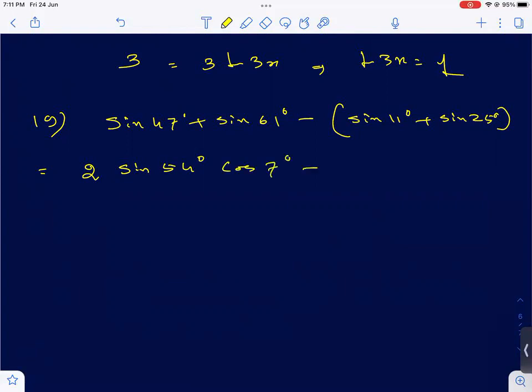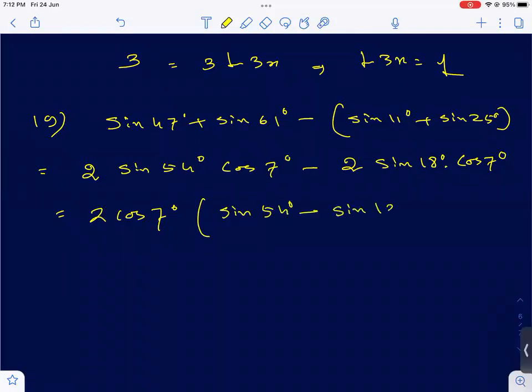Similarly, here also if we just proceed. So 2 sine c plus d by 2, sine c plus sine d formula, 25 bigger. So 2 sine 18 degree into cos 7 degree. So if I just take 2 cos 7 degree, we are getting here sine 54 degree minus sine 18 degree.